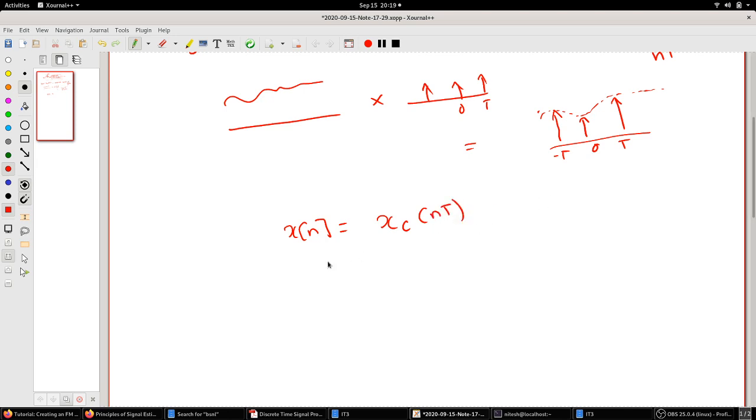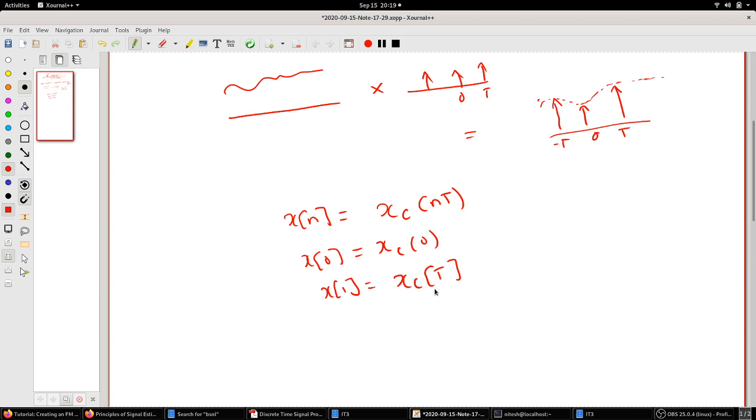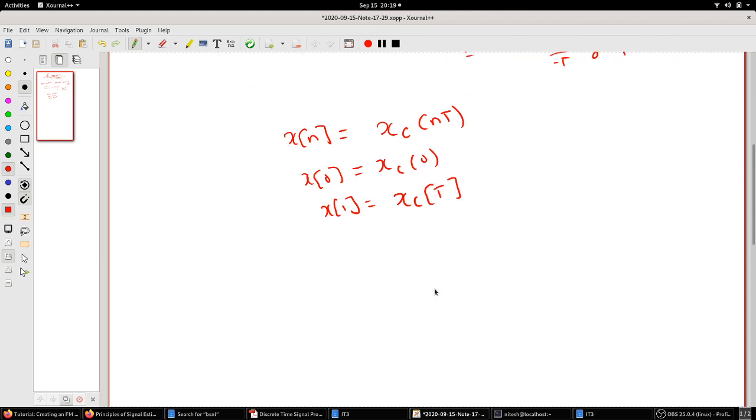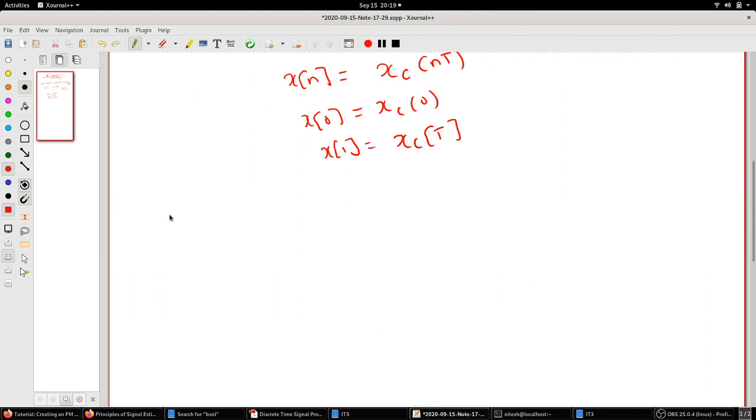So what you get is x of 0 will be the same as xc of 0, x of 1 will be the same as xc of T, and so on. So this is what you get. Now let's look at this.